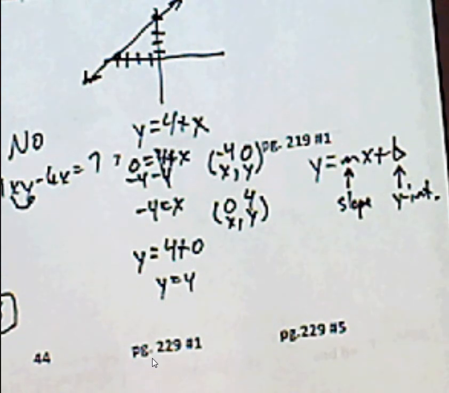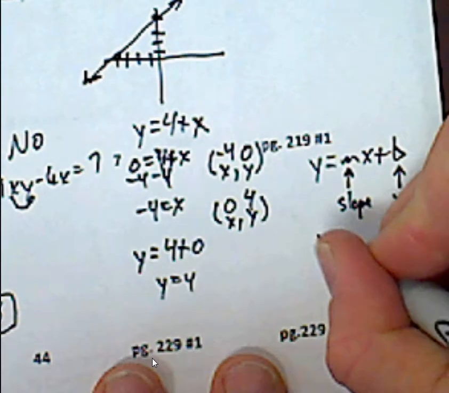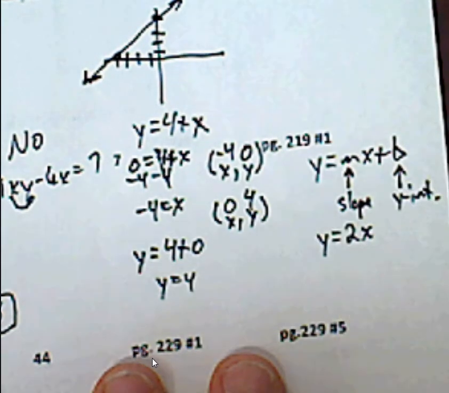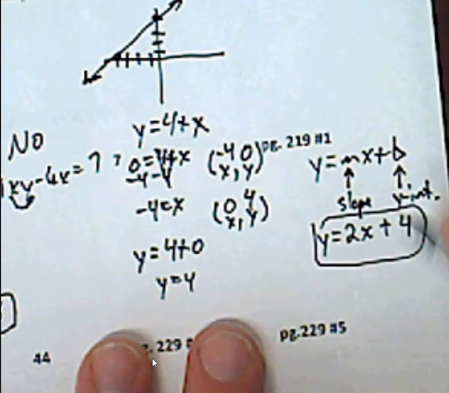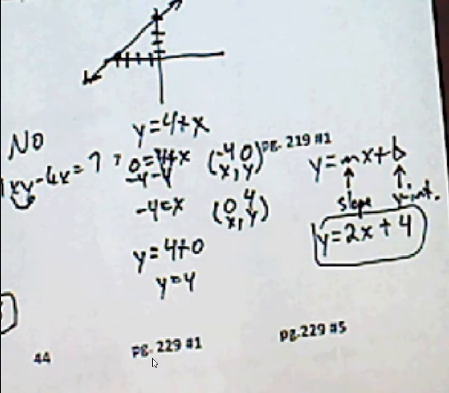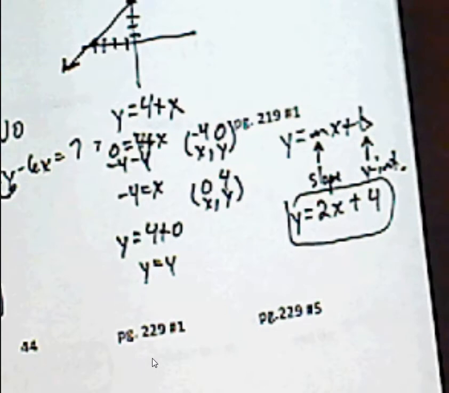I need to find those two pieces of information. Well, they give me my slope, so my slope was 2, so that's 2x. And they give me my y-intercept as 4, so that is actually the equation given in y equals mx plus b. They gave me the answer. I just had to write it.